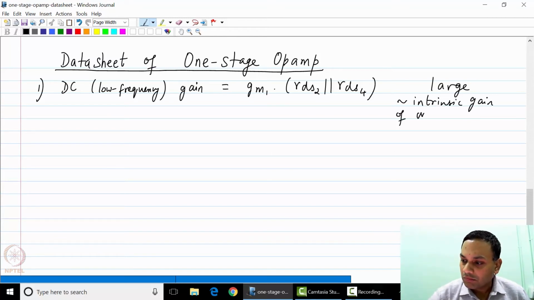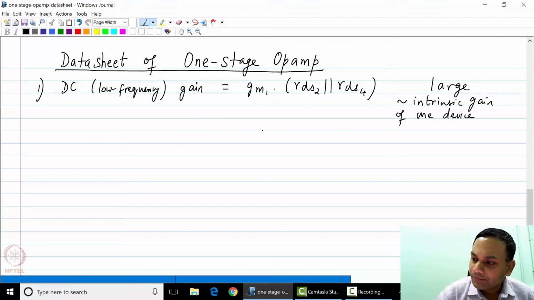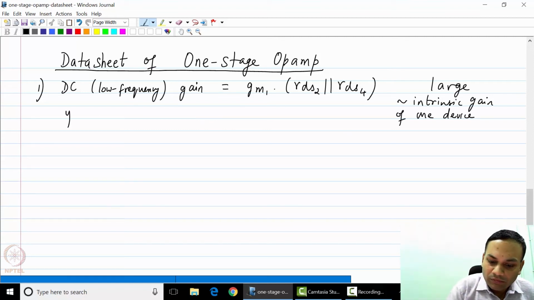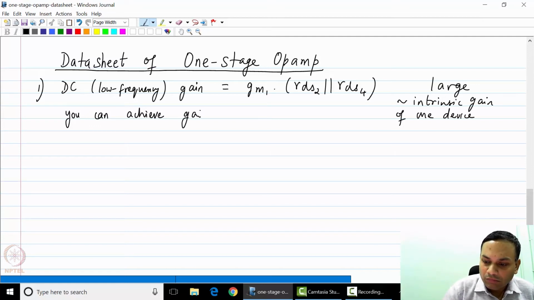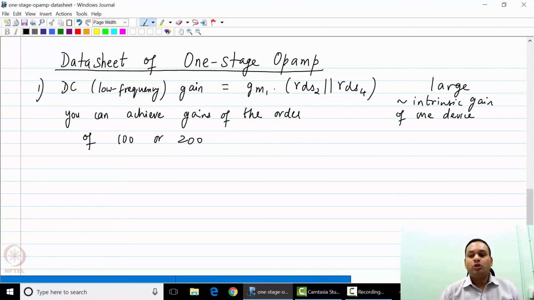Therefore, you would expect to achieve gains of the order of 100 or 200. So with a single stage op-amp, you should expect to get a gain of about 100 or so.